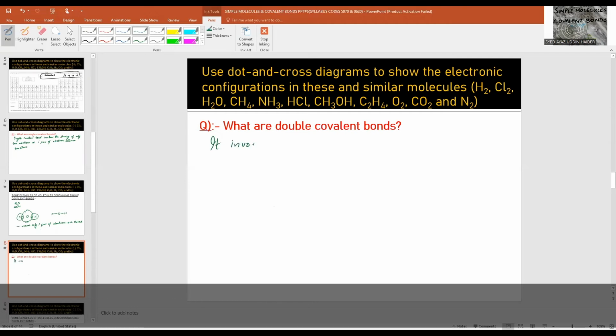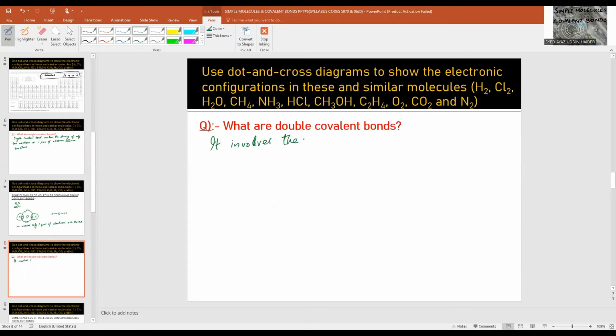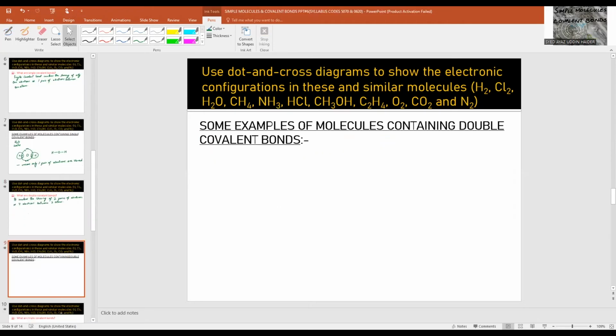Here are some examples of compounds containing double covalent bonds. We have O2, CO2, etc.